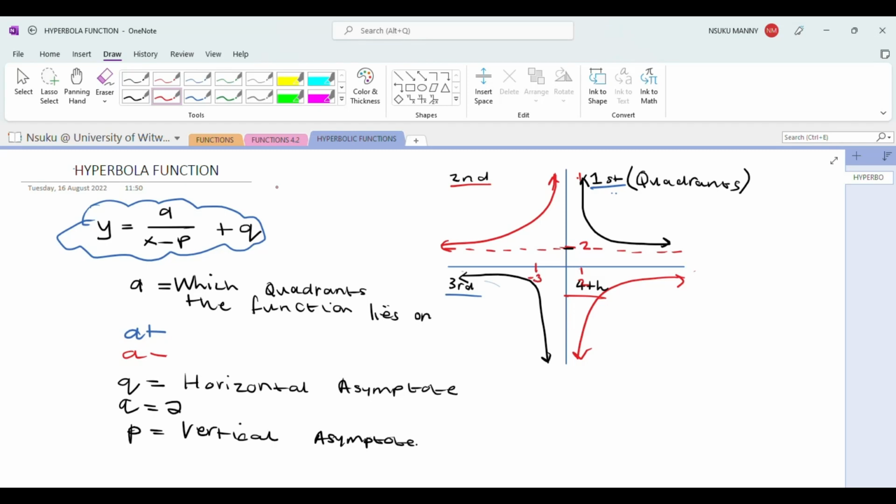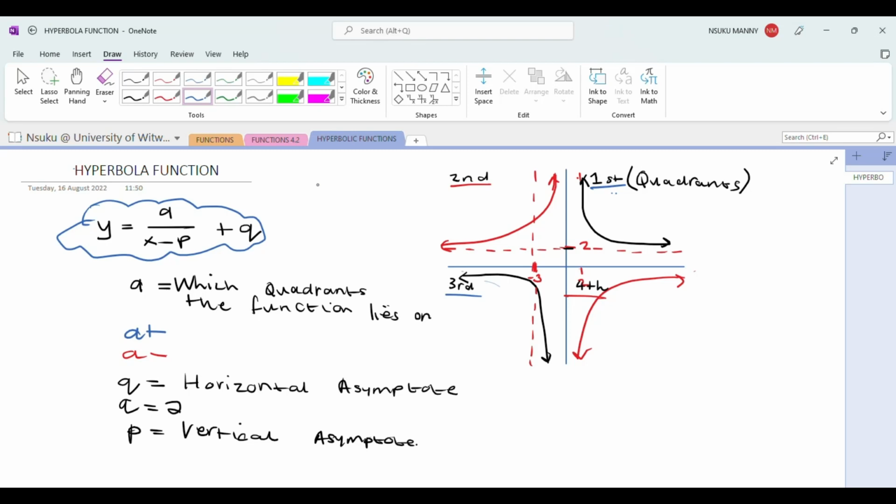We're going to draw a vertical asymptote, which is a dotted line going down, intersecting that point negative 3. What I'm basically saying is that however I draw my graph, I should make sure that those two lines do not touch the graph, right? So let me show you how I'd maybe draw my graph if Q is equal to 2 and P is equal to negative 3.